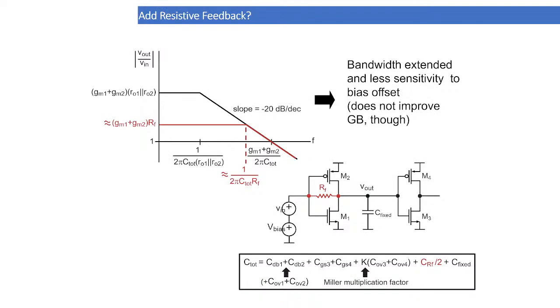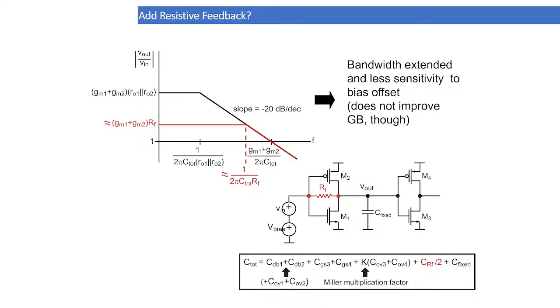Now what we will do is add a resistive feedback. If we add a resistive feedback, then the gain, which was (GM1 plus GM2) into (R01 parallel R02), decreases to (GM1 plus GM2) into RF. So instead of having a high gain, it decreases a little bit, but it is not going to 1. So it is still more than V in.